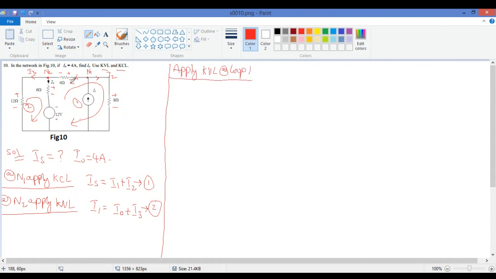Now you see in loop 1, let us start from here. The current which is flowing here is I1, so the current is leaving from positive. So plus 4 I1. Then from here, current is leaving from negative, minus 8 I2.